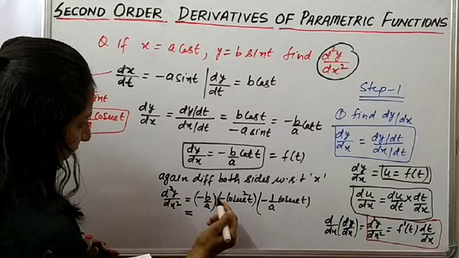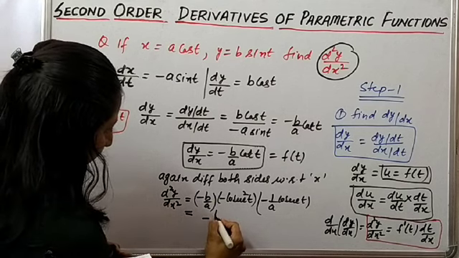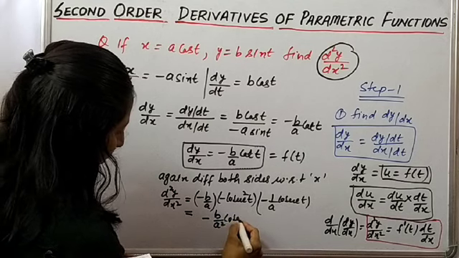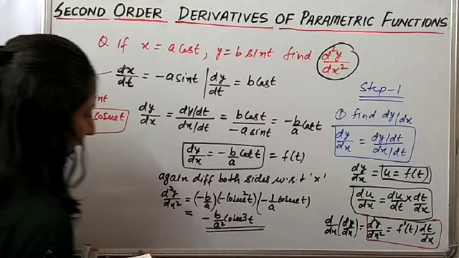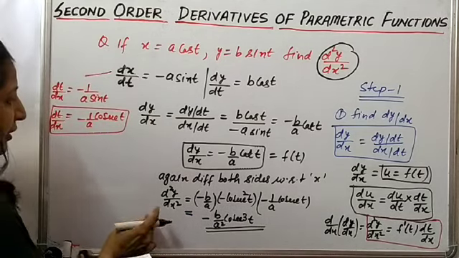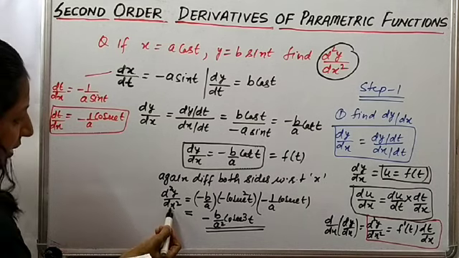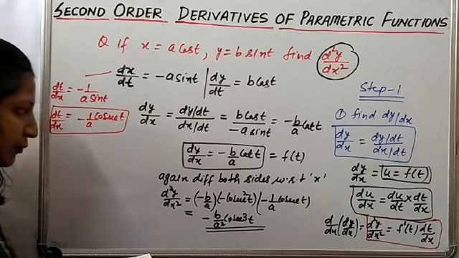So after solving, minus into minus is plus, so minus b upon a square, and overall it will be cosecant cube t. So it is our final value of the second order derivative of y with respect to x, that is d2y upon dx square, equal to minus b upon a square into cosecant cube t.